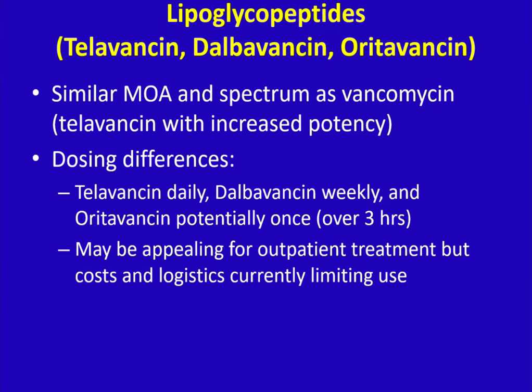Over the last year, TGH has taken advantage of being able to discharge people on dalbavancin because it's a weekly agent, and we've actually taken advantage of the fact that if you give it a second week in a row, that second week lasts more than a week. It lasts about 3 or 4 more weeks.